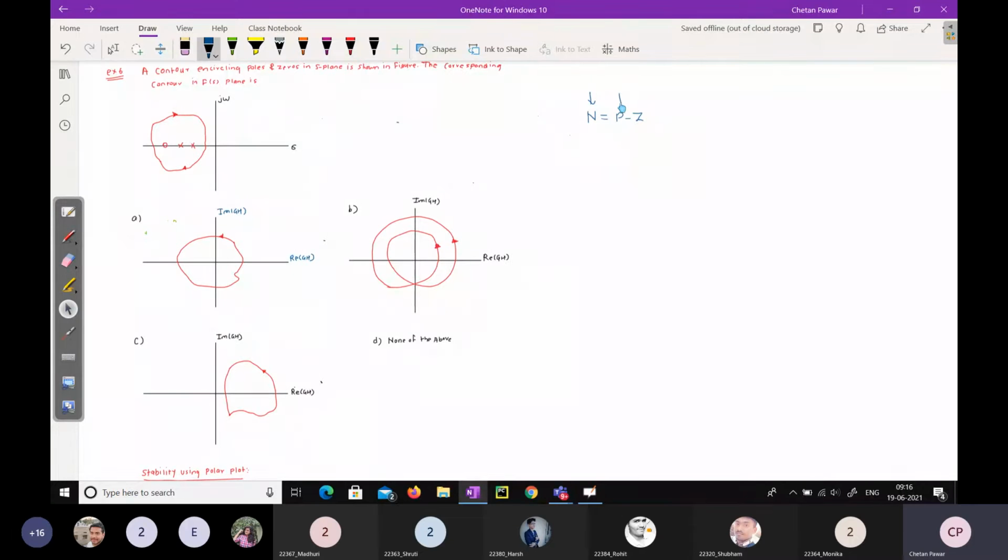So what is P? Number of open loop poles or number of poles in a contour. And what is Z? Number of zeros in a contour.